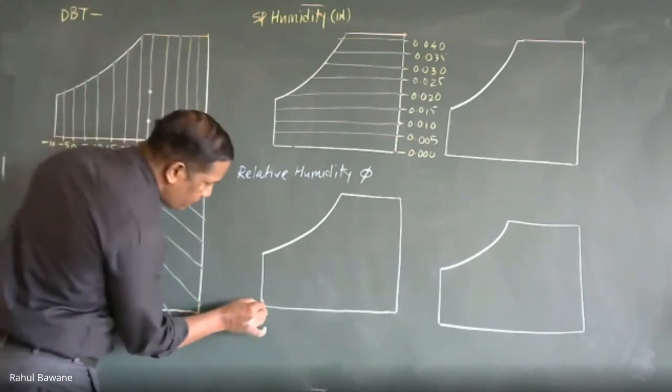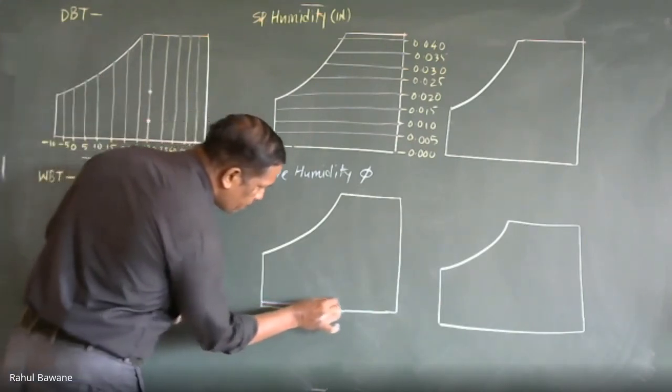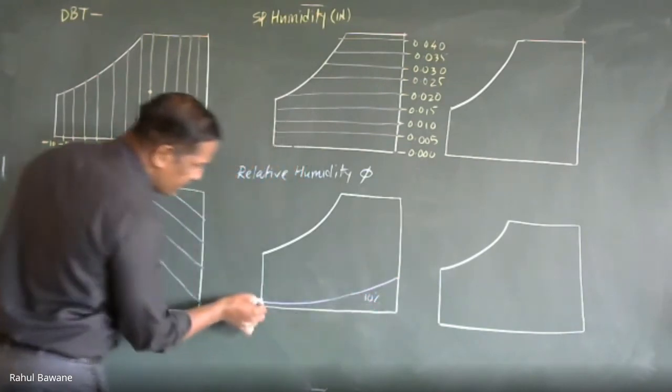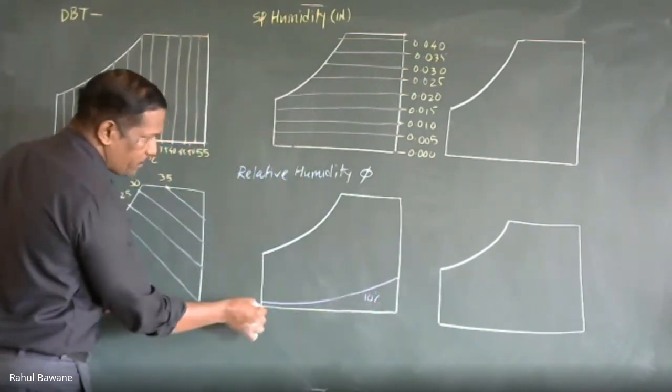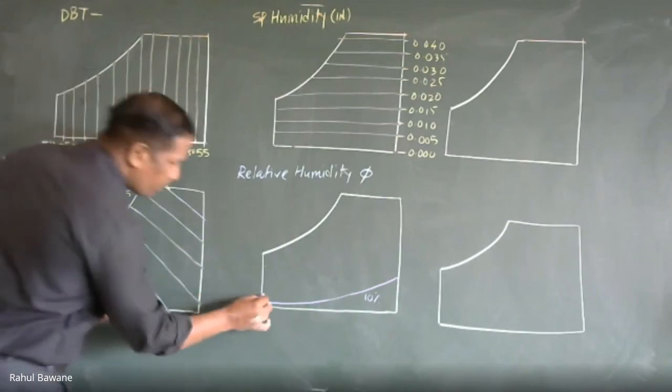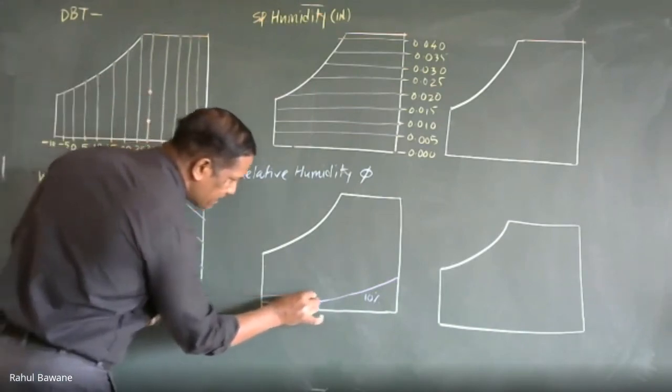First vertical line, this is 10% relative humidity. Started from this, ended on this side. So 10%, 20%.